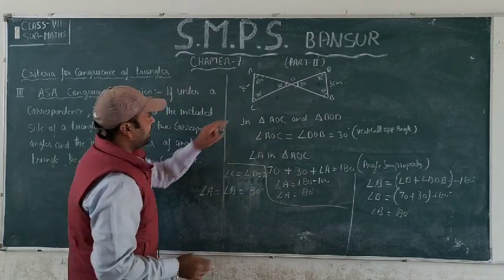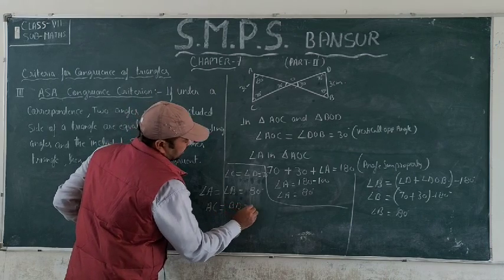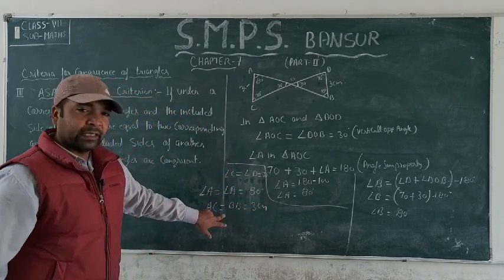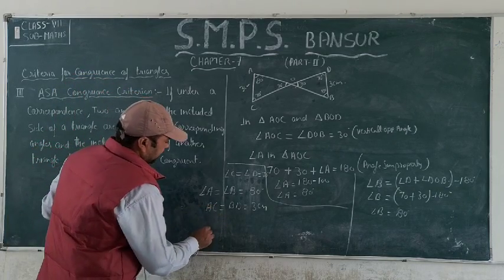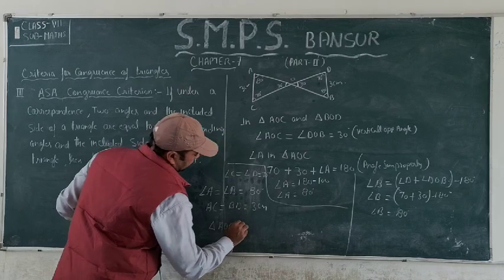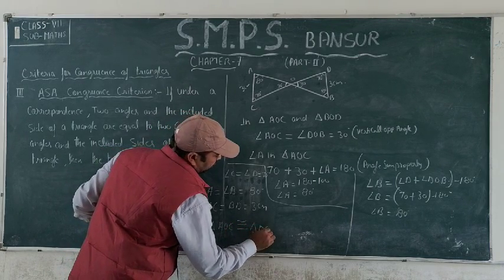And the included side AC is equal to BD is equal to 3 centimeters. So two angles and their included side are given. So we can write that triangle AOC is congruent to triangle BOD.